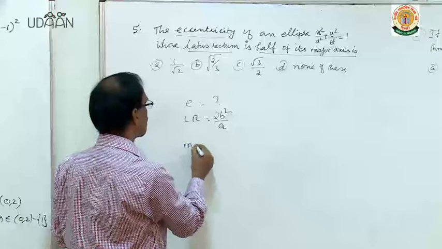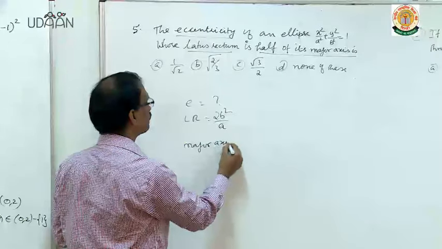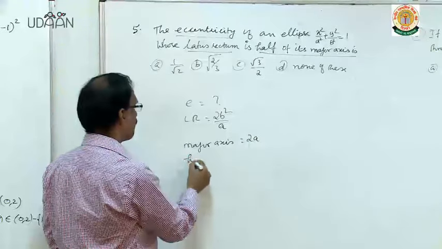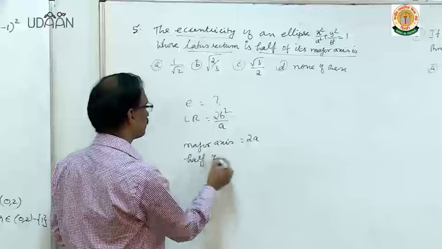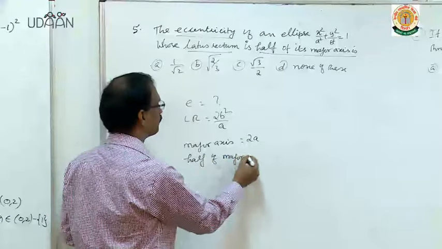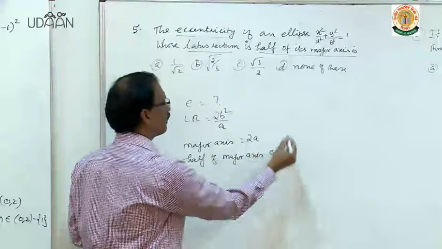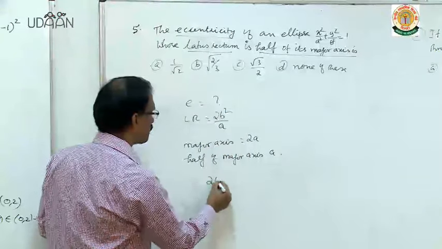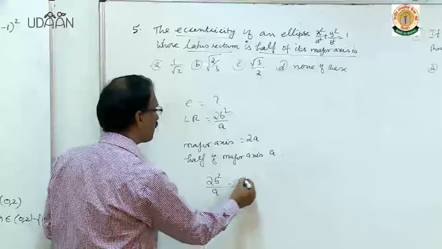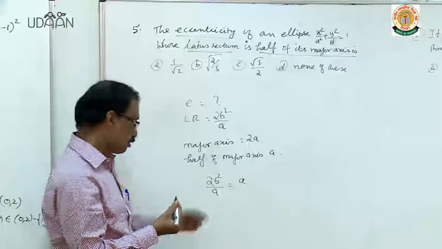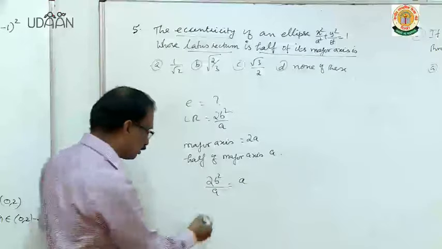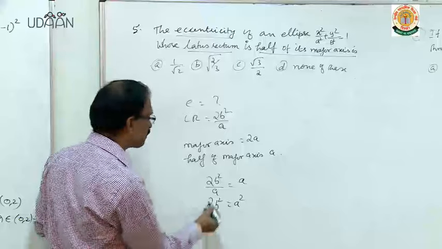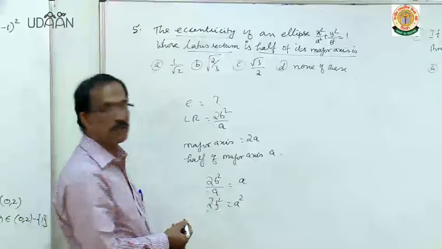So major axis is what? 2a. So half of major axis a हो गया. So that means this latus rectum 2b square by a equal to a मिला है. So 2b square by a equal to a है तो 2b square equal to a square हो गया. So इसमें से हमें a square equal to 2b square मिल गया.